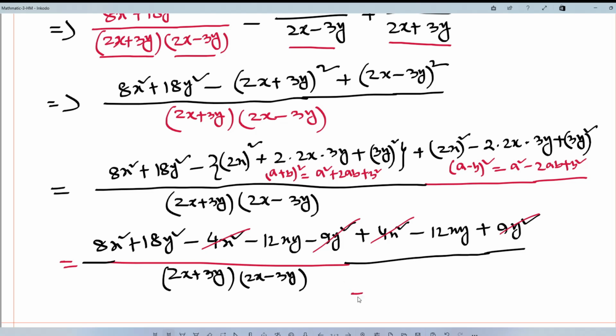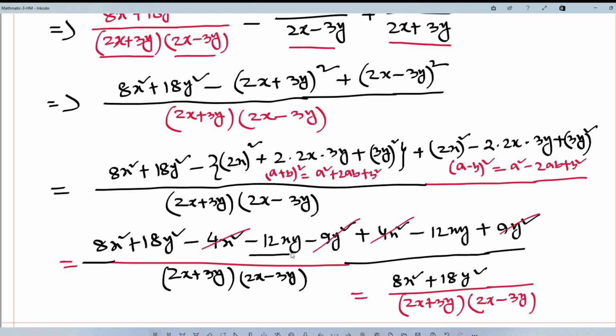So the remaining numerator is 8x² + 18y² − 12xy − 12xy, which is 8x² + 18y² − 24xy, over (2x + 3y)(2x − 3y).